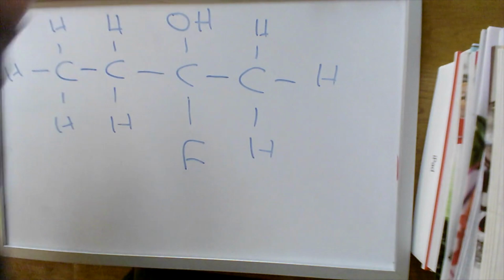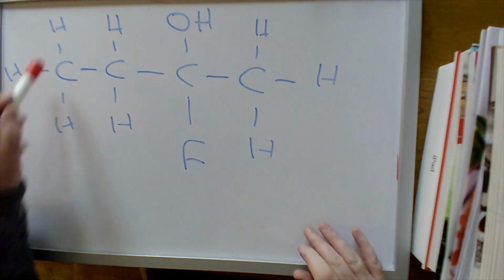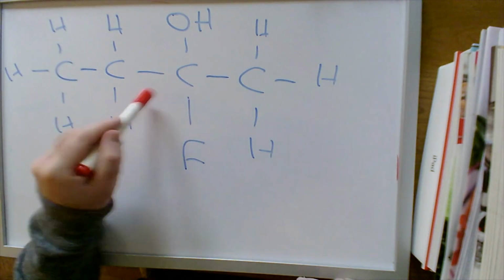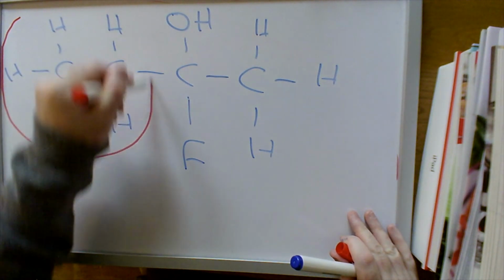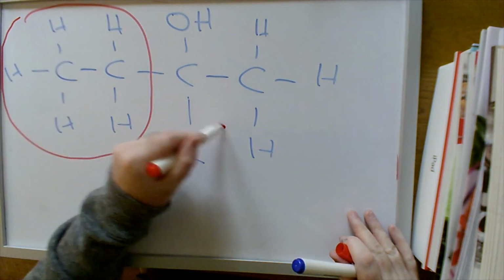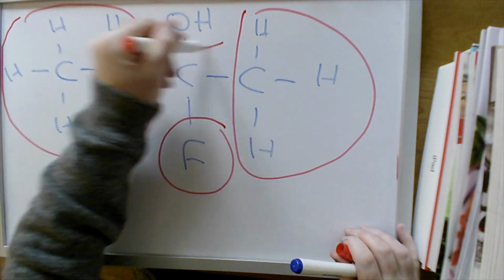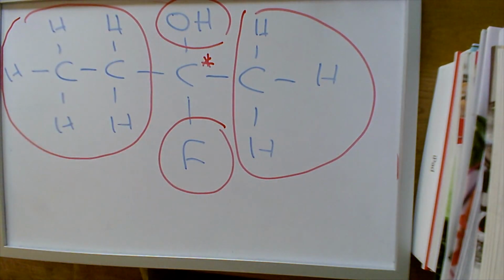So now we're going to look to see if we can identify chiral centers. So I've drawn a molecule here with C2H5 attached to a carbon, which has an OH group, a fluorine, and a CH3 on it. So this carbon, the third carbon along, is a chiral center because it's got 4 different groups attached. So I'm going to mark it with an asterisk, and this is my chiral center.